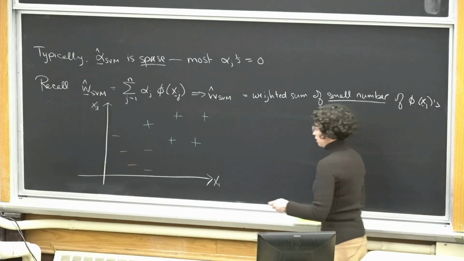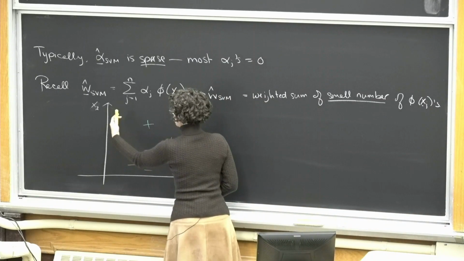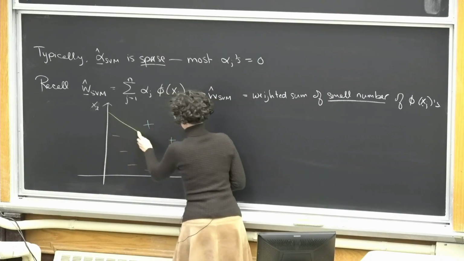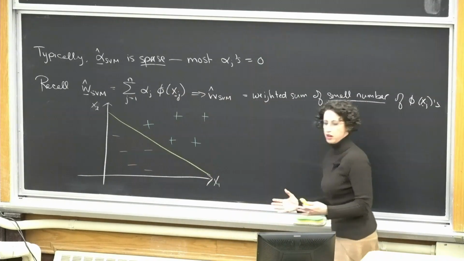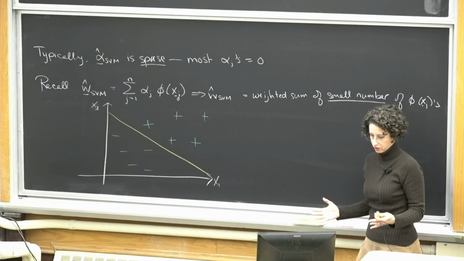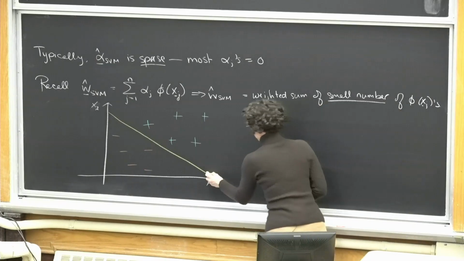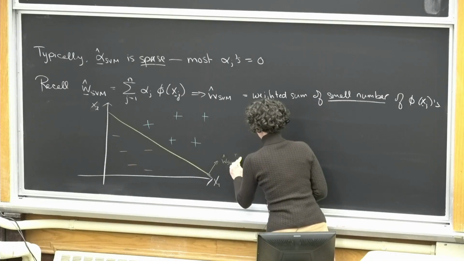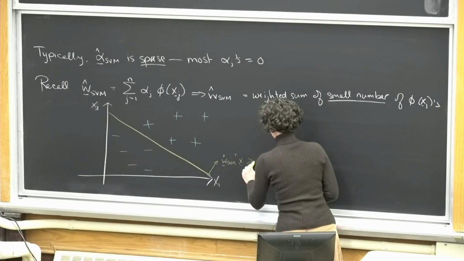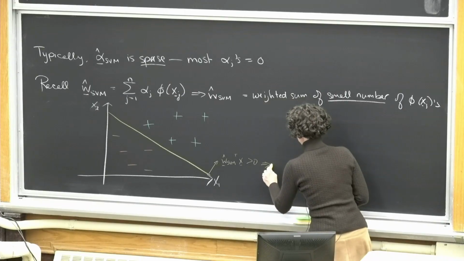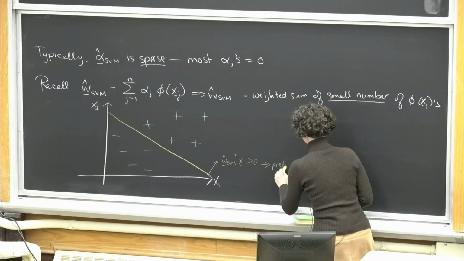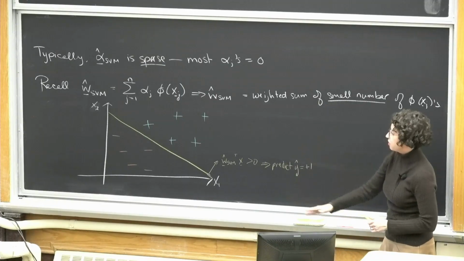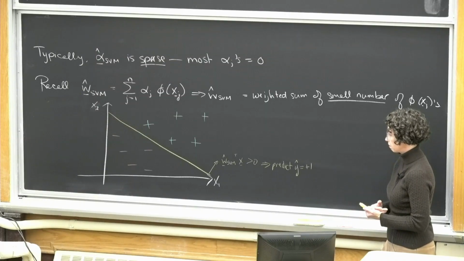And in this space, what I would end up with is a decision boundary that looks like this. It's separating my positive from my negative examples. And just like before, on one side, w hat SVM transpose x is going to be greater than 0. And so we would predict for any point in here that the corresponding label is positive. And then on the other side of the line, everything's negative.